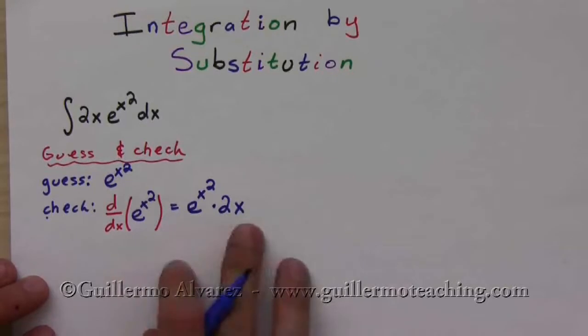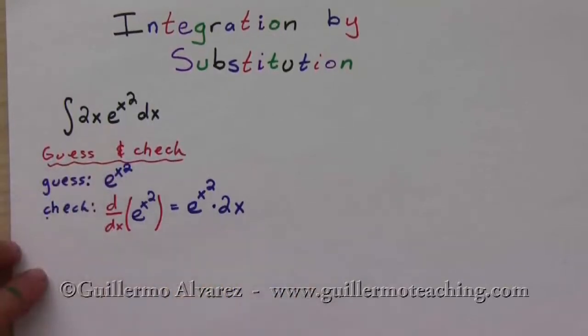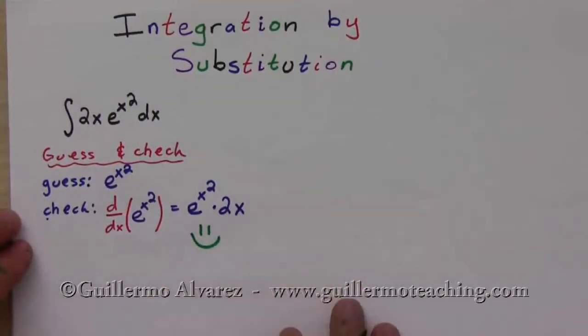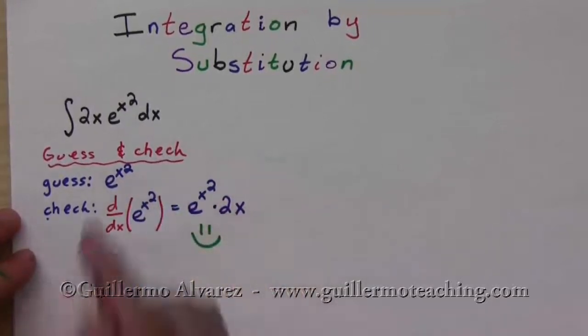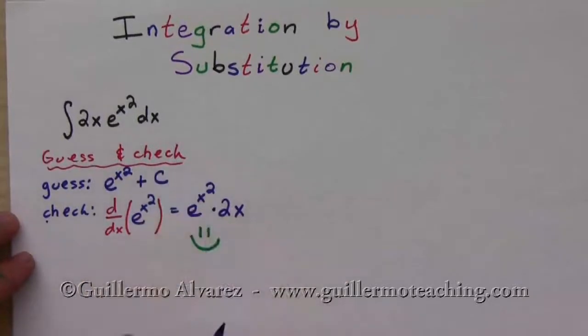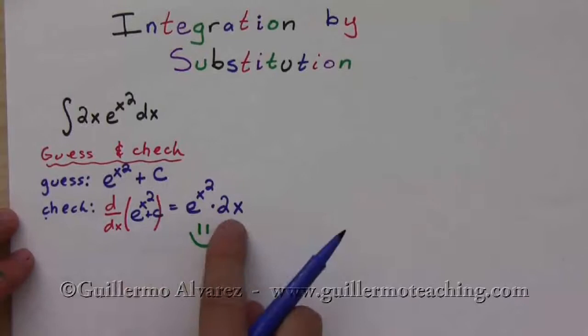And we notice that this is exactly this, so that's right. And remember, since we're looking at the indefinite integral, we would add some constant, but when we take the derivative of this constant, it is still equal to this.